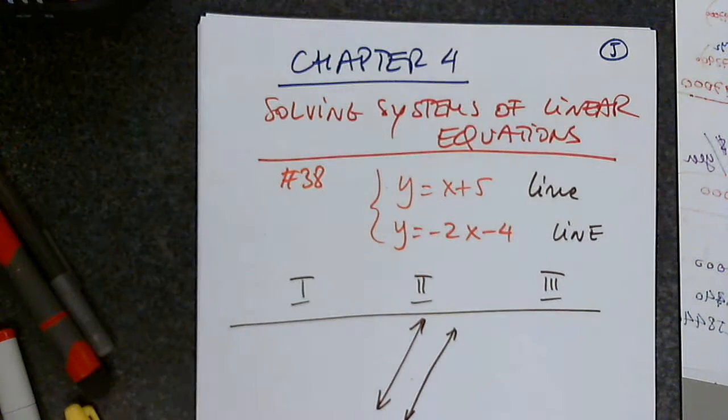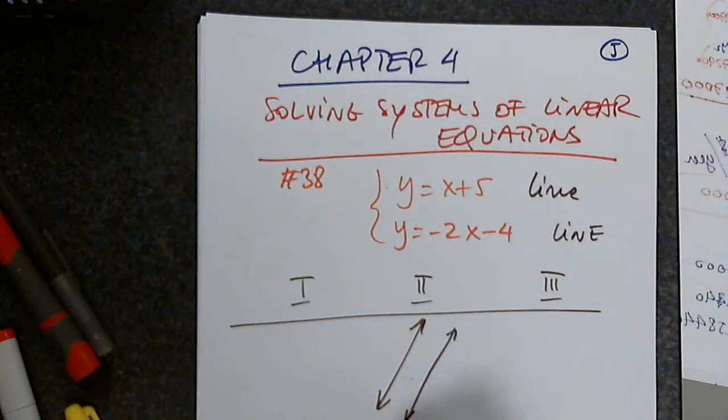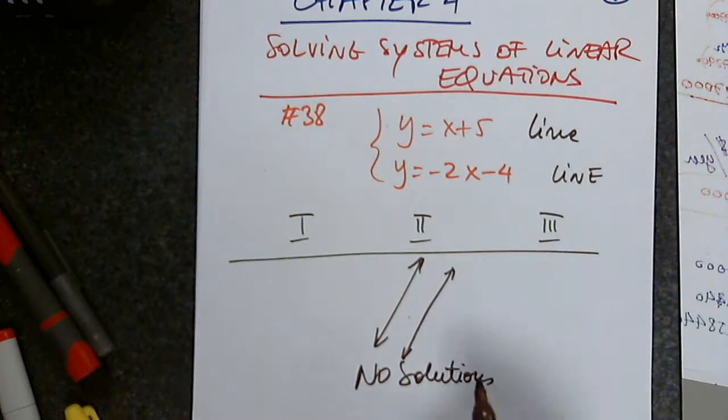Absolutely, they never meet. These lines will never have a common point in which both conditions are fulfilled at the same time. They will never cross, right? No solutions. We call the system inconsistent.